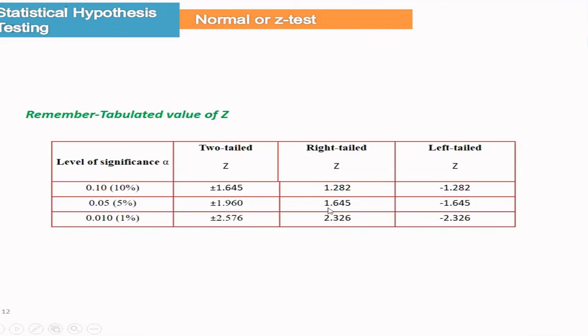For the right tail, the value for 5% will be 1.645 or 1.65, to two decimals. And for 1%, or 0.01, it will be 2.326 or 2.33. For the left tail, just take the minus value. This is the tabulated value for Z if you use the conventional critical region method. We'll do an example, which will be easier for you.